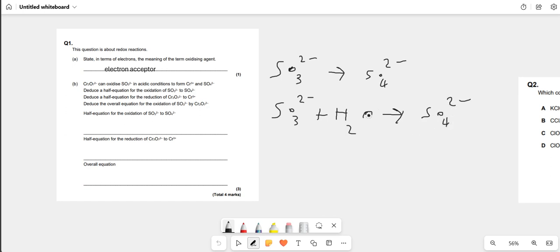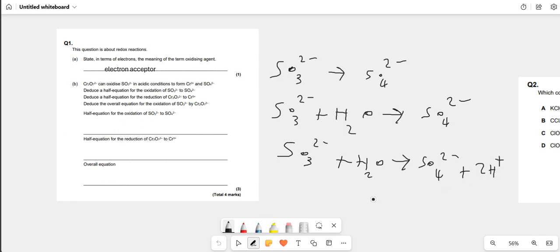Now I need to balance any hydrogens with H+. I've got two hydrogens here, so I need to add two H+ to the right hand side. So SO3 2- plus H2O gives me SO4 2- plus 2H+.